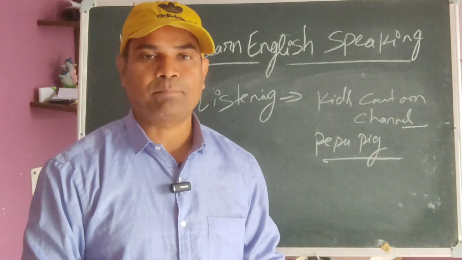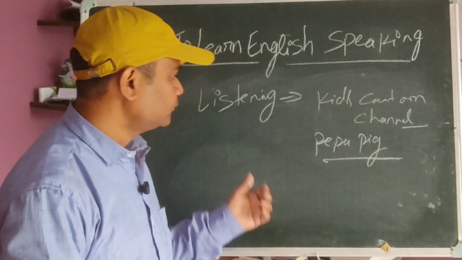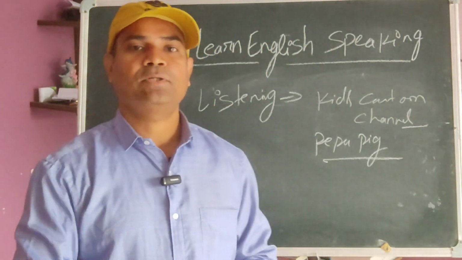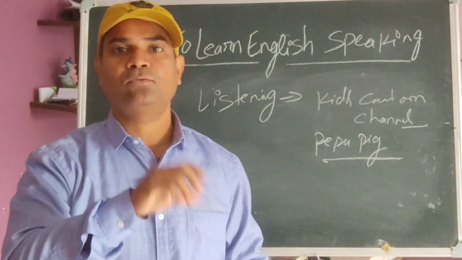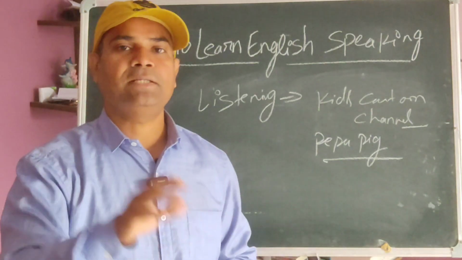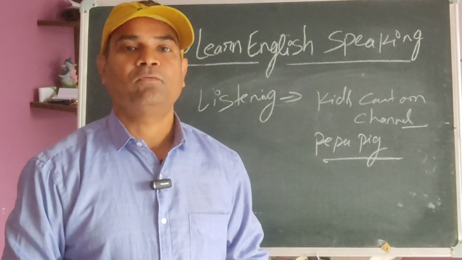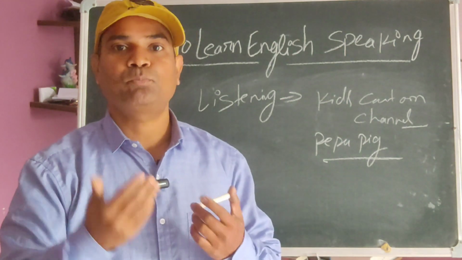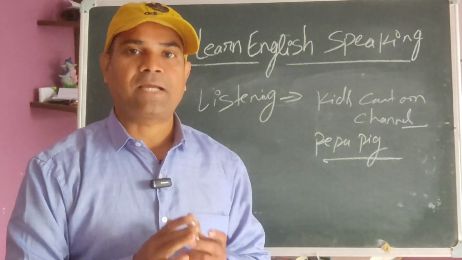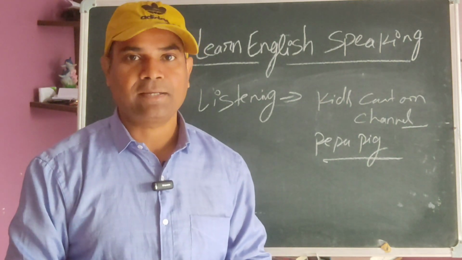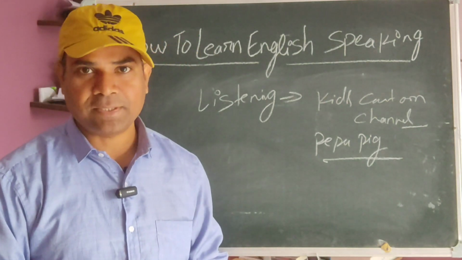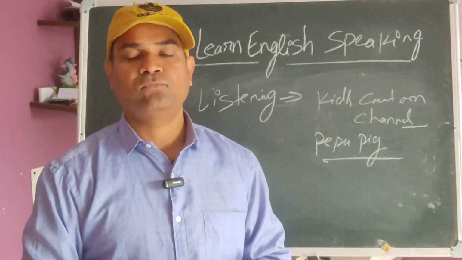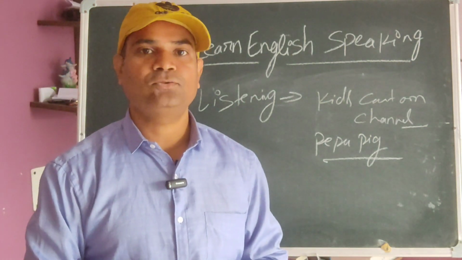Let me give you a simple example. Whatever your mother tongue is, Bengali, Hindi, Urdu, Marathi, Chinese, French, Japanese, anything, when you were born, the first thing they spoke in their native language, maybe Hindi, was "beta kaisa hai, kya kar raha hai, ro mat beta." The first words you heard, the first sentences you heard.